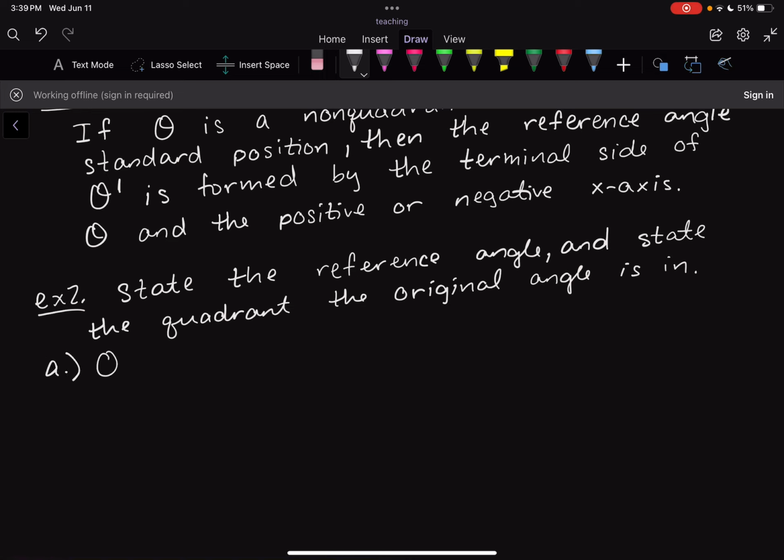So we're going to look at theta equals 240 degrees. We'll do theta equals 11 pi over 6. We'll do theta is 690 degrees. In part D, let's do negative 5 pi over 4.